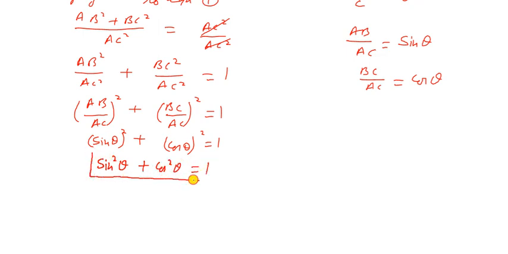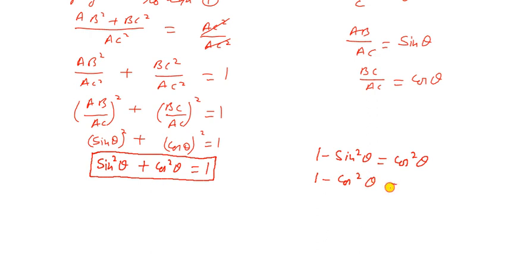So it is your first formula for your trigonometry. By this we can find these formulas: 1 minus sine squared theta equal to cos squared theta, and the second is 1 minus cos squared theta is equal to sine squared theta.